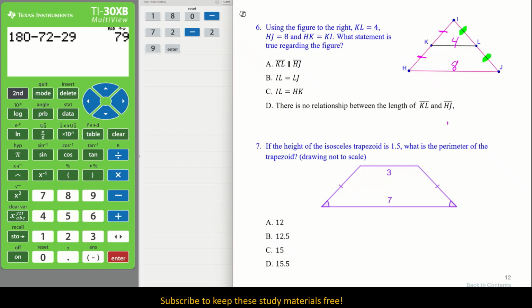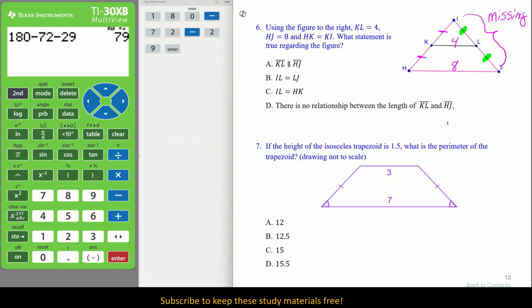So you are missing information over here. And because of that, there is no guarantee that IL and LJ are congruent. And because that's missing, you cannot say that anything is parallel or equal. So you have absolutely zero guarantees.